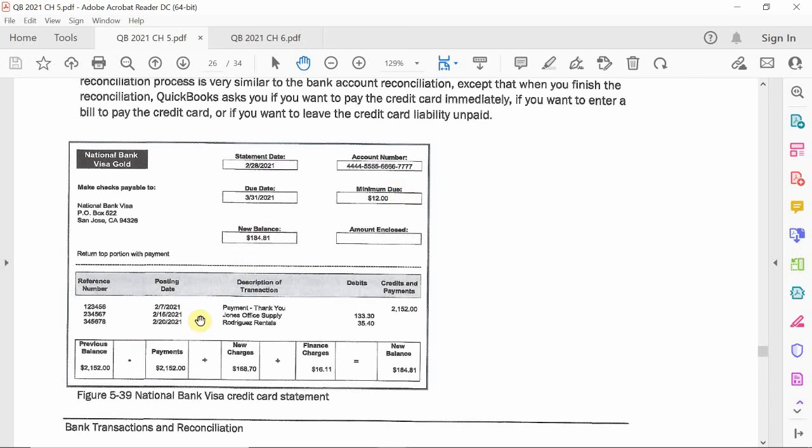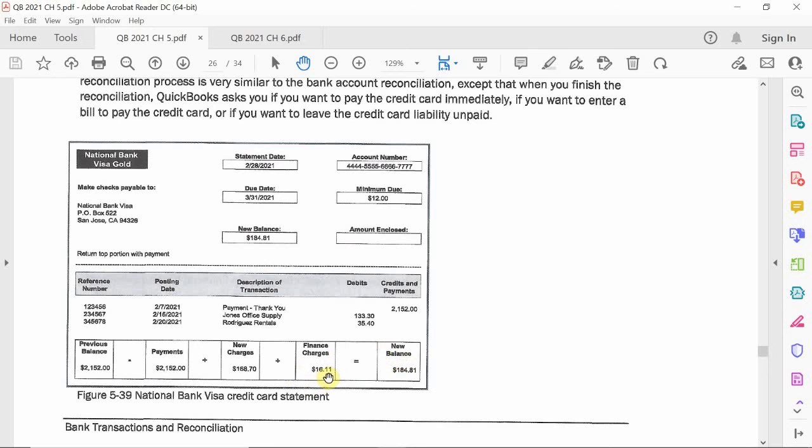If I read my box down here, I was outstanding for $21.52. The interest that was collected was $16.11. So that's why you are down to now $184.81. It says right here, this is what you began with, this is what you paid, this is what you charged, this is your interest, and this is your new balance.